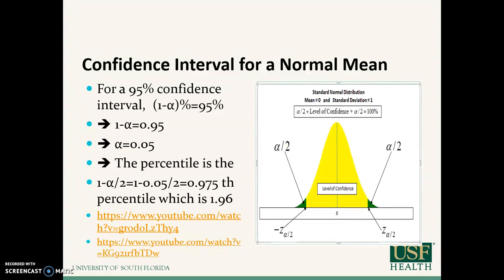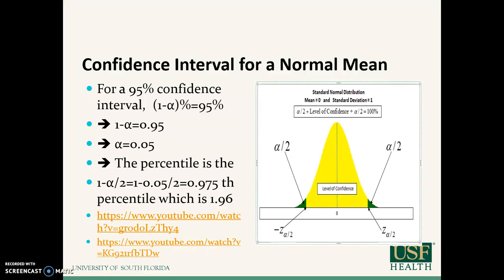So for a confidence interval for a normal mean, for example, if you want a 95% confidence interval, then we decide 1 minus alpha equals 0.95, so alpha is 0.05. Then the percentile is 1 minus alpha over 2 because it's symmetric. So the total area in the tails is 0.05.